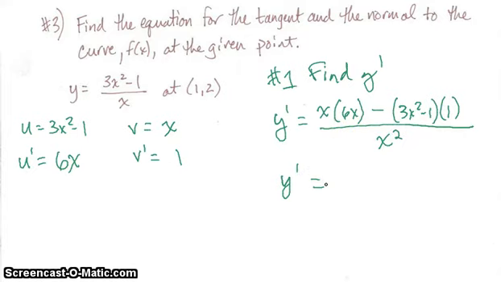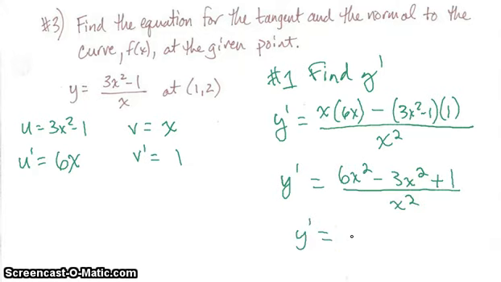Simplify, and hopefully we see that we get 6x squared minus 3x squared plus 1 all over x squared, which again is 3x squared plus 1 all over x squared. From here, what do I do second?